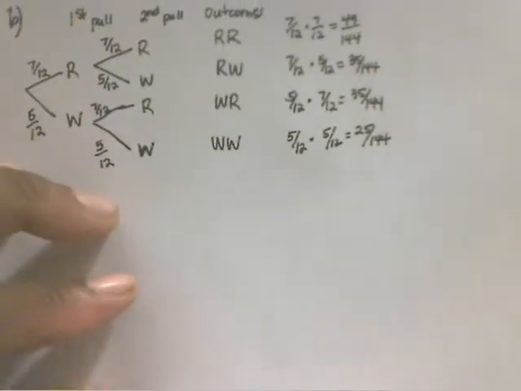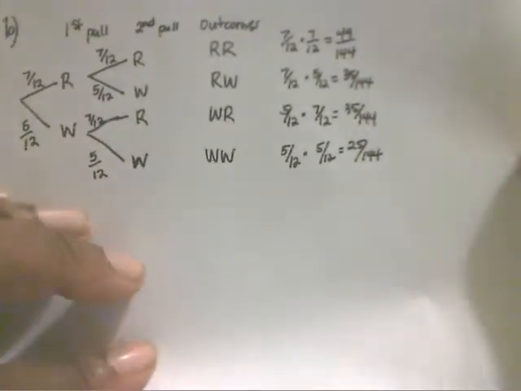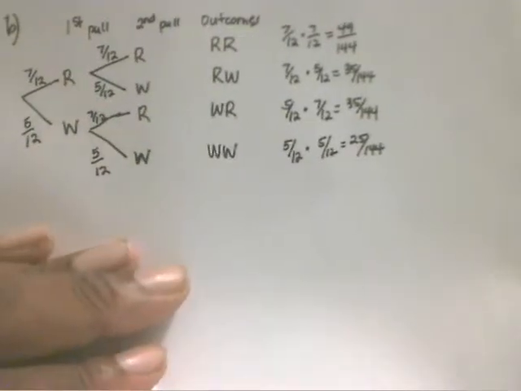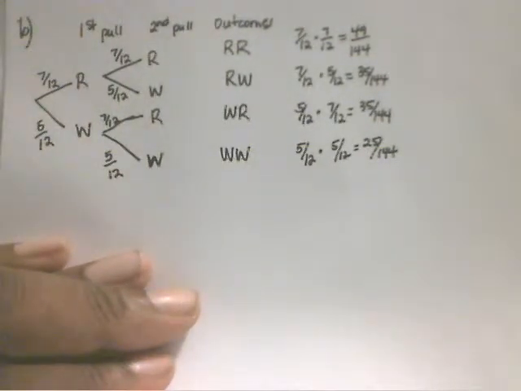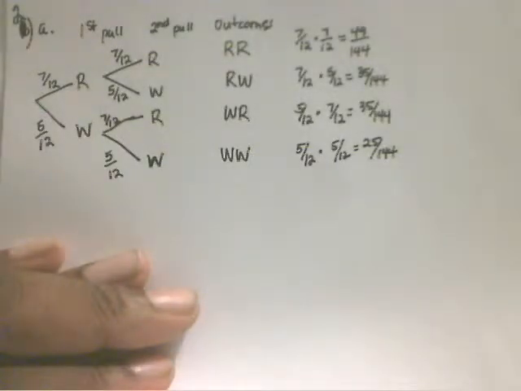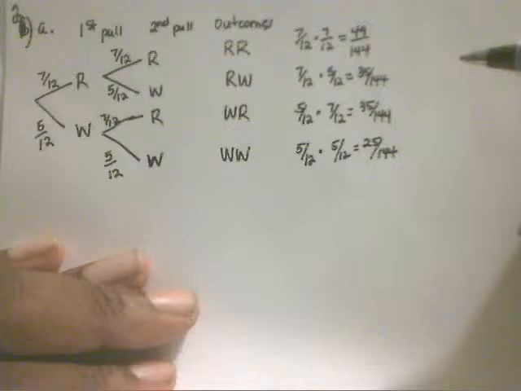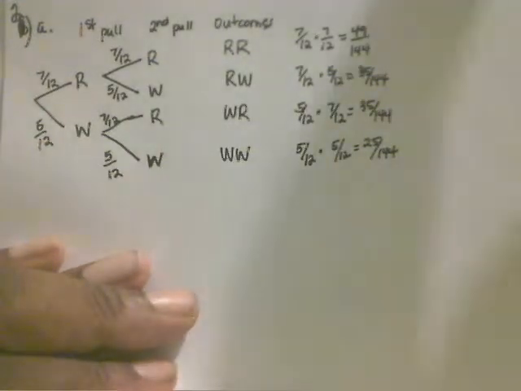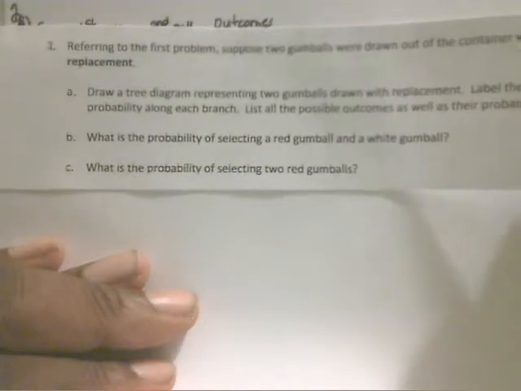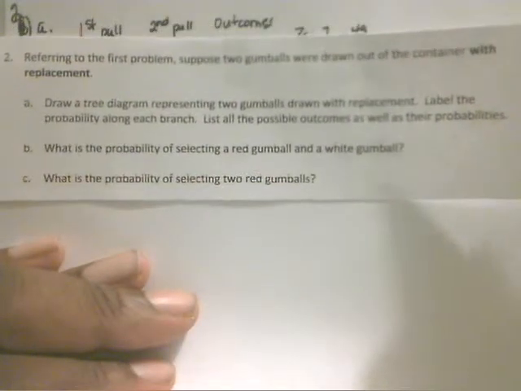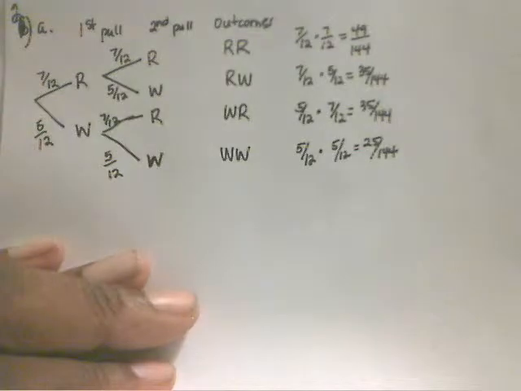Okay, now we can use this tree diagram to answer, and actually it's problem number 2. This is part A of problem number 2. Part B is what we need to answer. The probability of selecting a red gumball and a white gumball. What's the probability of selecting a red gumball and a white gumball?